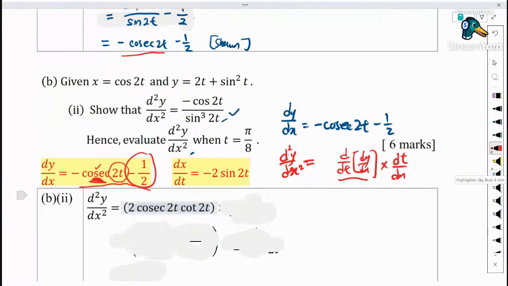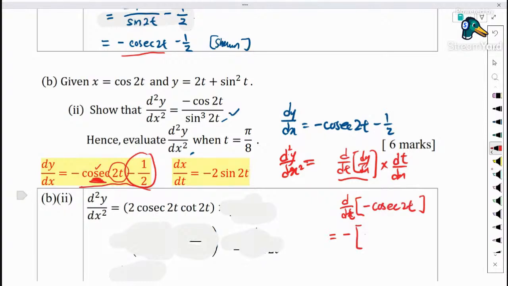Let me write down step by step for the answer here. When you differentiate with respect to t, for negative cosecant 2t, the negative sign is maintained first.